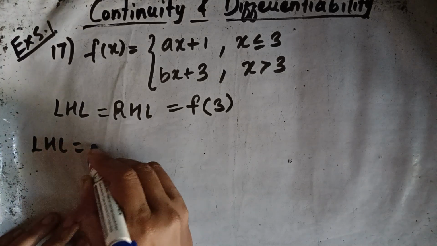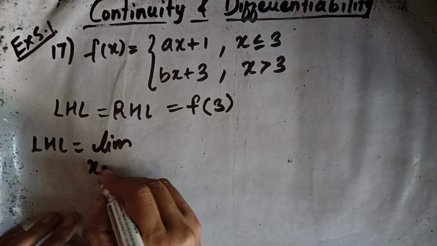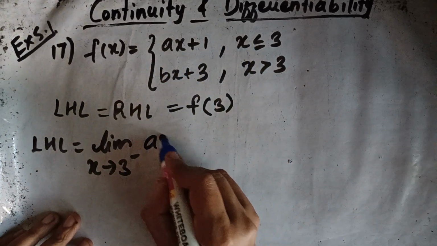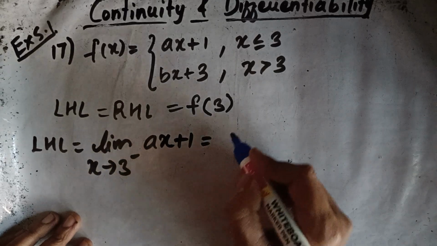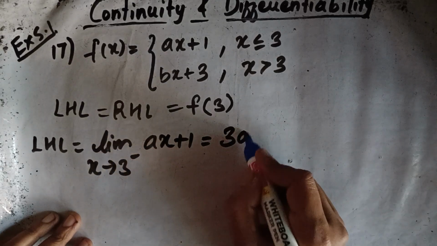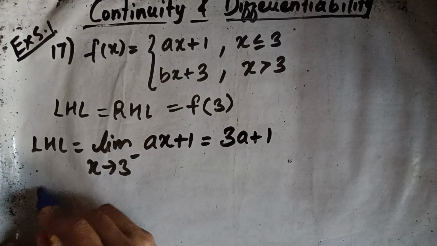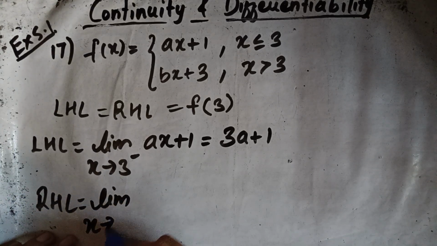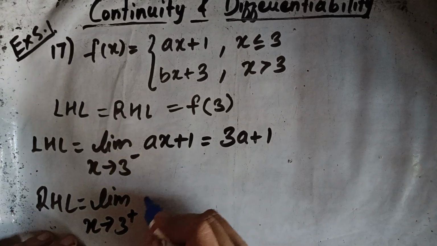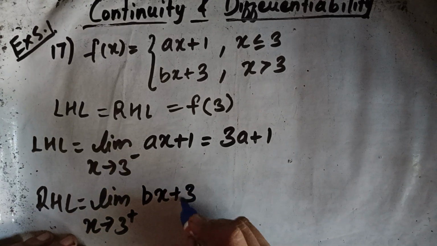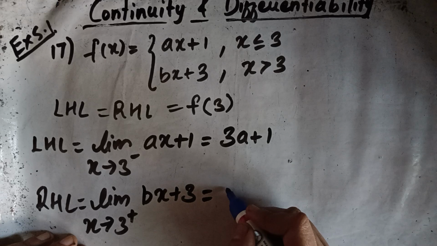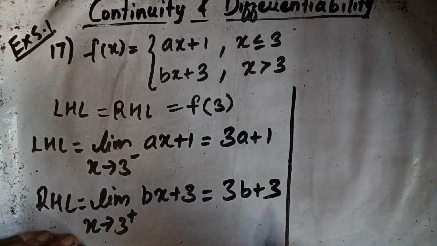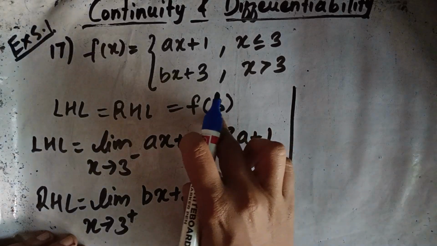Left hand side limit is extending to 3 minus. So it is ax plus 1. So a into 3, 3a plus 1. What about RHL? Limit is extending to 3 plus. So bx plus 3, 3b plus 3. So we have to equate this to this, f of 3.